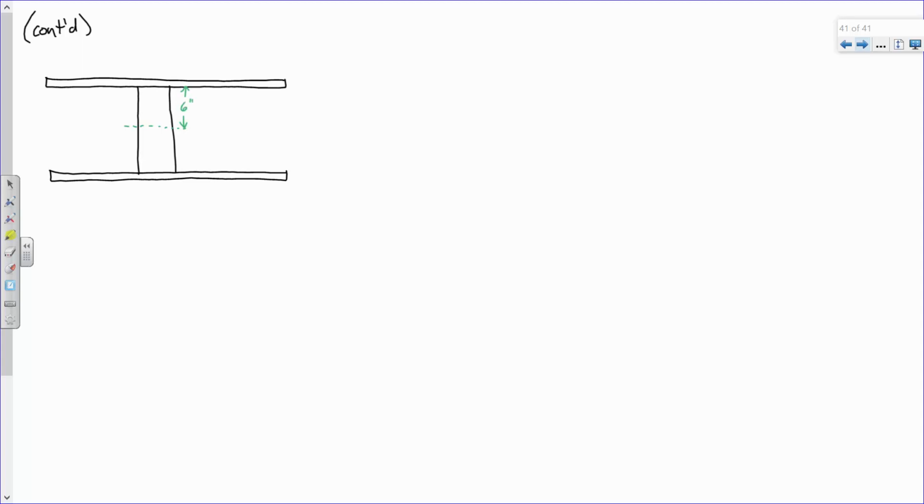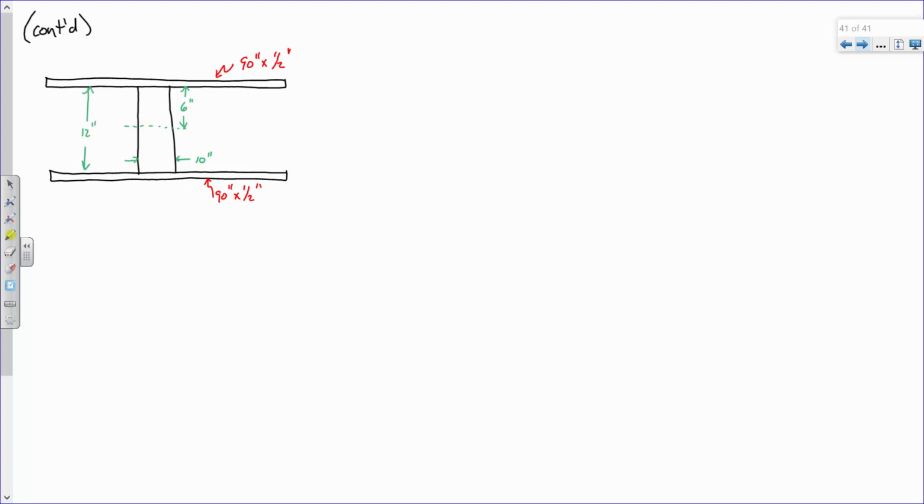This is 90 by a half. You all probably don't have to redraw this because you have it on your sheet; I'm just doing this for my sake. This dimension is 10 inches. That dimension is 12 inches.